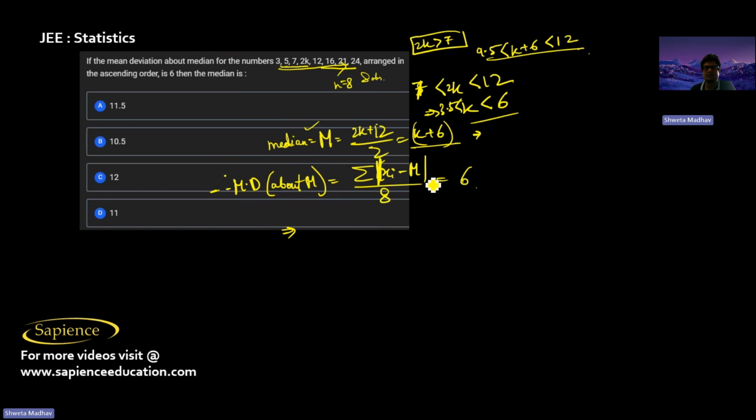So this will be k plus 6 minus 3, that is k plus 3, then plus k plus 6 minus 5, which is k plus 1, k plus 6 minus 7, that is k minus 1, and 2k minus k plus 6, that is k minus 6.